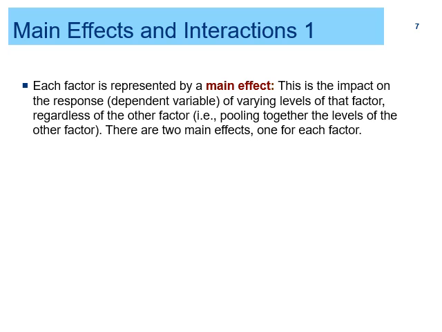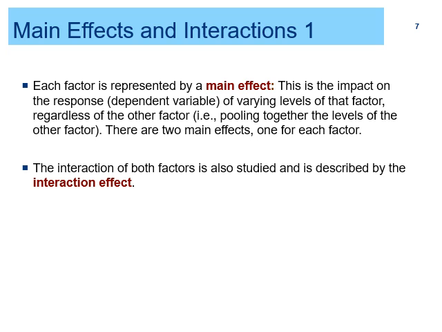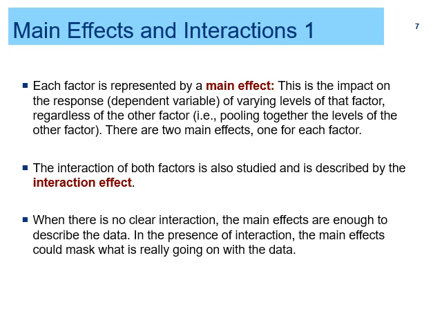This is the impact on the response, that is on the dependent variable, of varying levels of the factor regardless of the other factor, that is, pooling together the levels of the other factor. There are two main effects, one for each factor. The interaction of both factors is also studied and is described by the interaction effect. When there is no clear interaction, the main effects are enough to describe the data. In the presence of interaction, the main effects could mask what is really going on with the data.